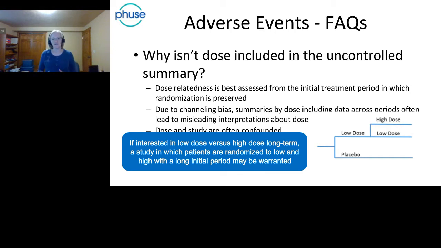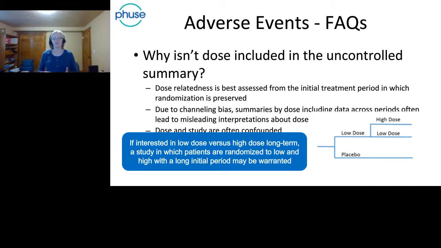So that's a very significant bias, a very common pitfall, that people want to summarize dose in a very easy, crude way because it would be easy to look at, but it could be so misleading. It's not even helpful, and it is a common problem. Understanding channeling bias when it comes to dose relation summaries is very important when you're planning your integrated analyses.